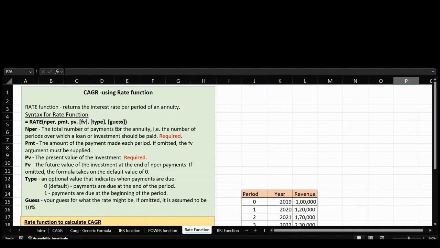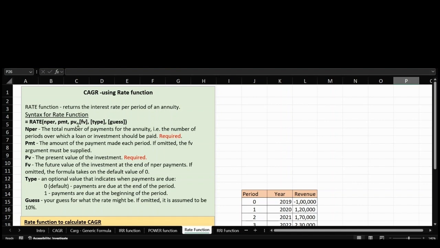NPR means the total number of payments for an annuity, that is, the number of periods over which the loan or investment should be made. This is a required argument and so you cannot omit it. Next is PMT, the amount of payment made each period. If you are omitting this PMT, then we have to include FV.